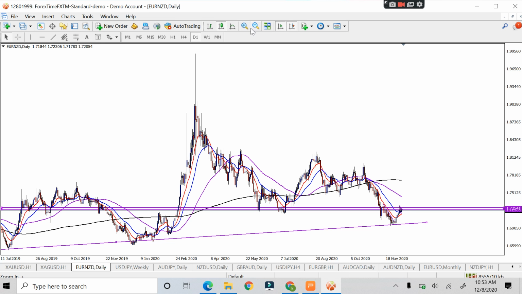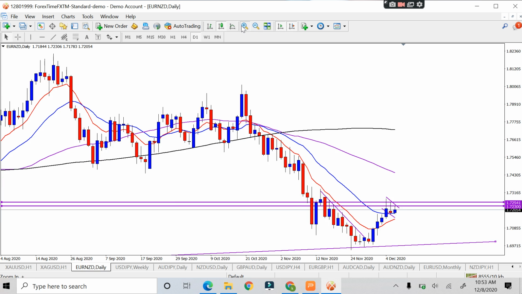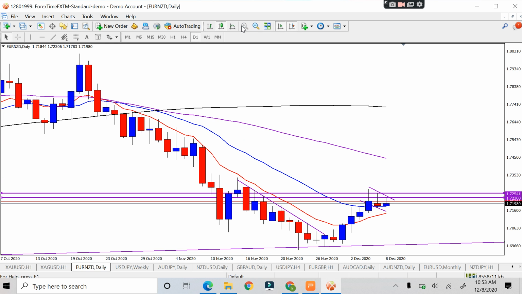So I will want to wait for price to break out of that resistance, and you can see a tweezer bottom rather. The bottom has the same size, so I think it makes sense. You can see a tweezer bottom form, or you can say tweezer top if you want, but those are tweezer formations. So I will wait for the next candlestick to form on the daily.